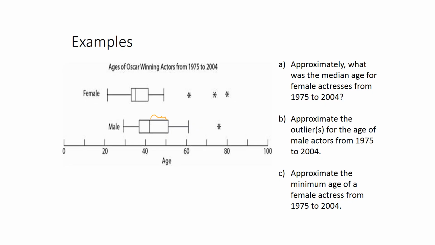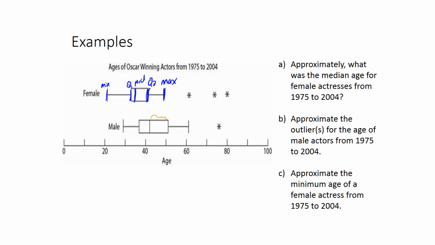Approximately what was the median age for female actresses from 1975 to 2004? Remember, these are graphs of the 5-number summary: the minimum, the first quartile, the median, the third quartile, and the maximum. They're all these little vertical line segments.